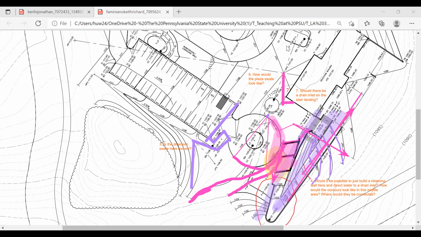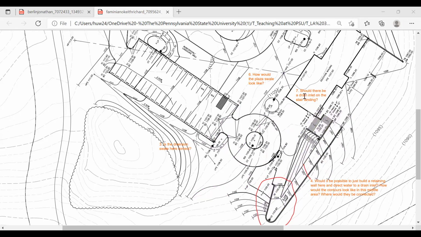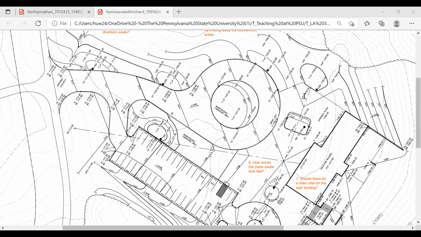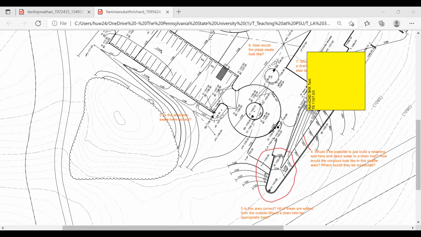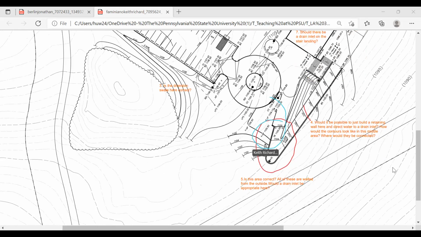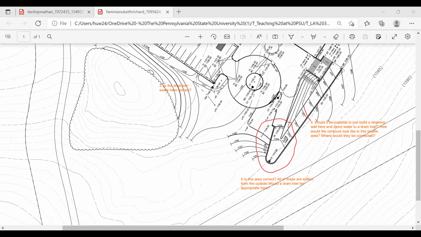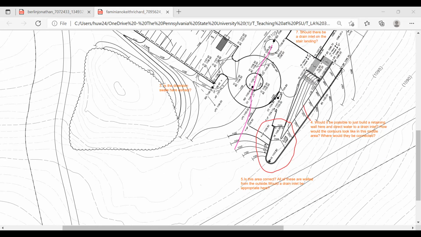Sure. So I have previously a bioretention area at the bottom, like here. Here. Does that mean it would be gone? Yeah, you don't need that one. Your retention is along this way, right? This way. Yes. So you would need something here, but not here.